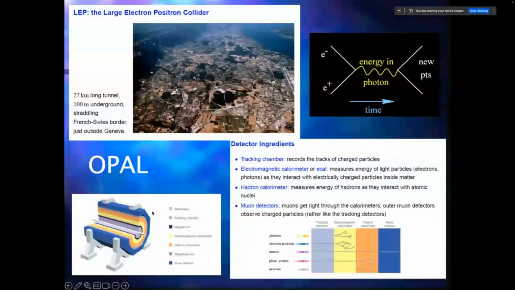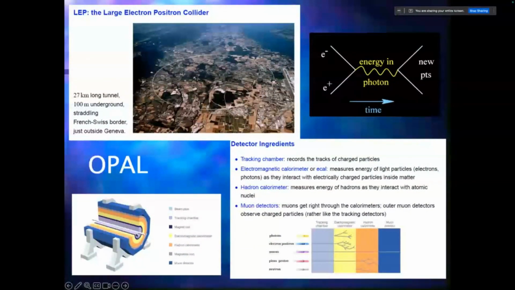Similarly to the detector that Nick showed a picture of earlier, the detectors placed around the interaction points at the LEP experiment were very similar in structure. This is an example of one such detector that was involved in the LEP experiment, called Opal. And the main thing that we're going to need to understand for this activity is that these detectors are made up of different layers.